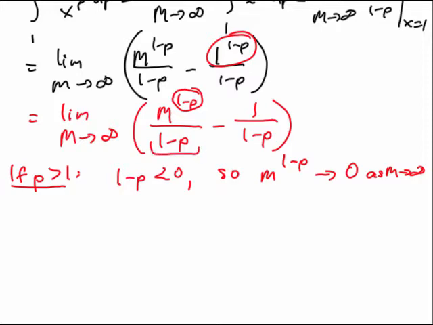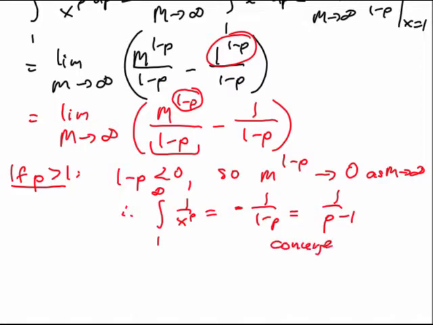In other words, all of this is going to wipe out, and therefore our integral that we started with is going to evaluate to negative 1 over 1 minus p, or 1 over p minus 1. In other words, it converges. It's approaching a finite value.